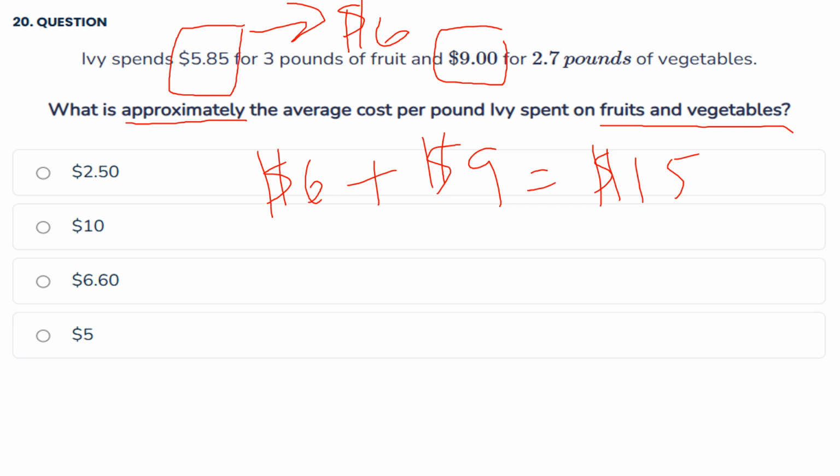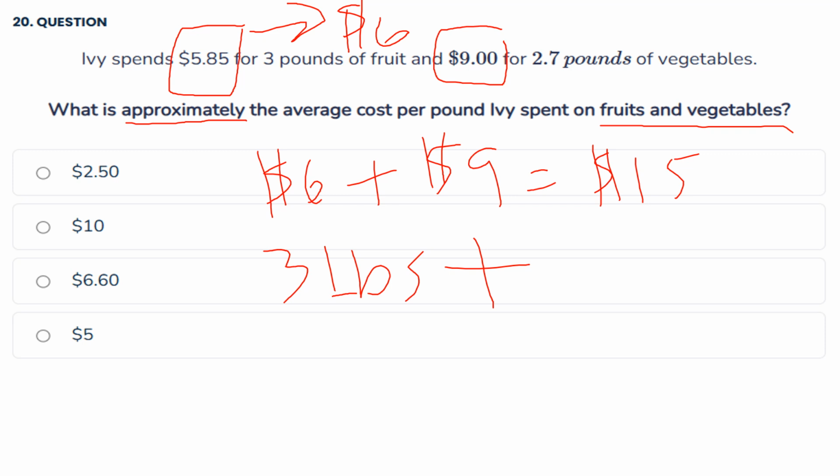All right, next we want to come up with the total number of pounds. Again, since it says approximately, that lets me know that we're going to be doing some type of rounding. So we have 3 pounds of fruit, which we don't need to worry about, but we have 2.7 pounds of vegetables.